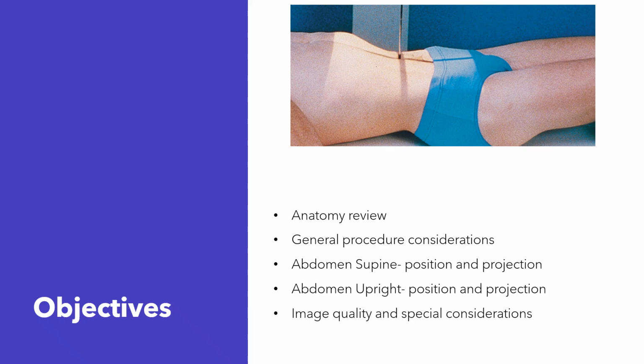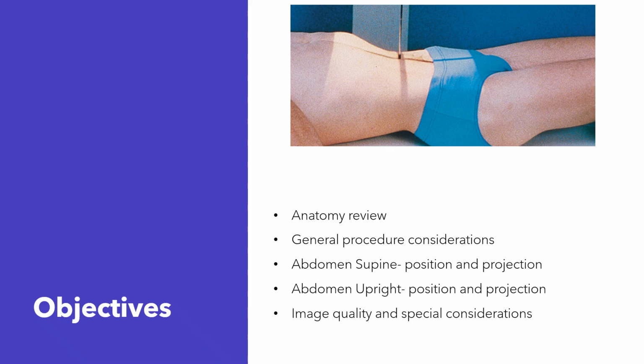And so we always have them change clothes, typically, especially for torso work. And then we have breathing instructions, positioning instructions, shielding, things like that. So there are certain things that we do every time. We have to set up the X-ray tube for the projection. You have to set up the table. You have to dress out the table with clean linen. Those types of things we talk about in general procedure considerations.